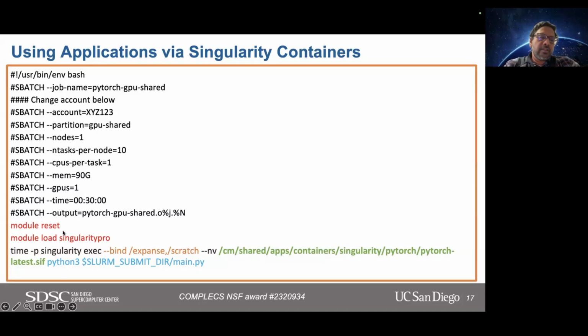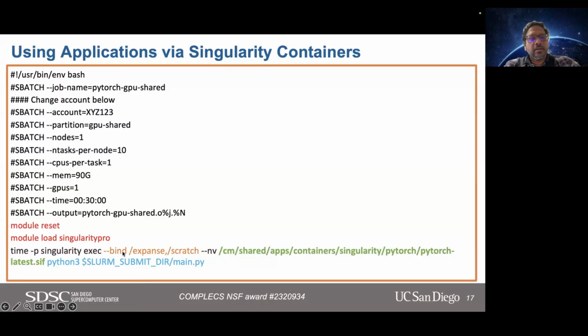The only thing we do is we reset everything and only load the Singularity module because we don't want to pull in an environment from outside the container that is conflicting with what's in the container. So we reset all that and basically load the Singularity module, and that lets you get the Singularity executable, and you can execute your script, say in this case a Python script, in the Singularity environment.